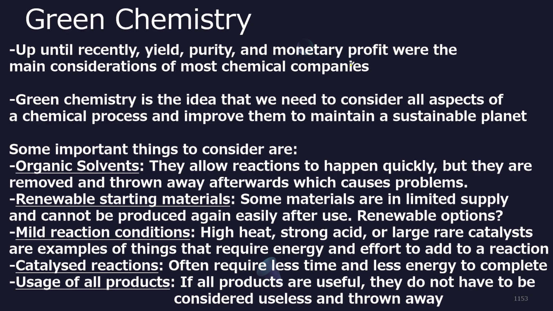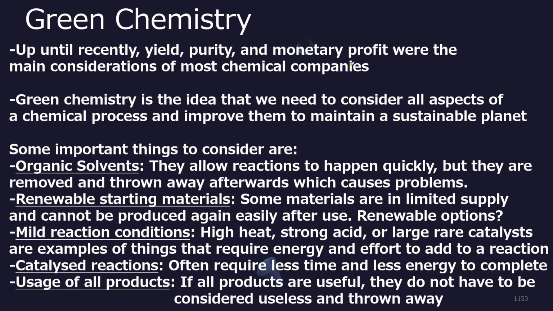So there's many things to consider, but here are some of the key ones we might consider at the high school level. Organic solvents, things like hexane, octane, ethyl acetate, acetone. These allow reactions to happen quickly. We can dissolve things, make homogeneous solutions, have high reaction rates, but they're removed and thrown away afterwards.